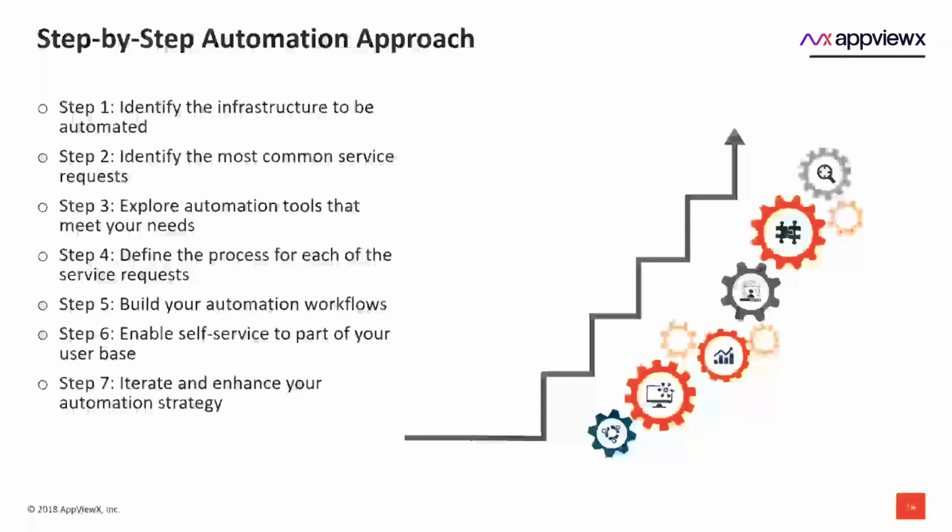And then identifying the automation tool, right? A simple, intuitive, easy to use automation tool where users can consume and self-serve themselves. That's another important aspect of it. And then mapping the existing business process, and for the service request, how it would look as we move to automation, right? And then define a workflow, define how the automated task would look.